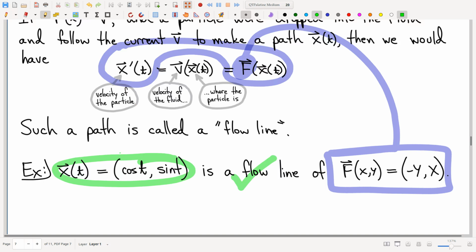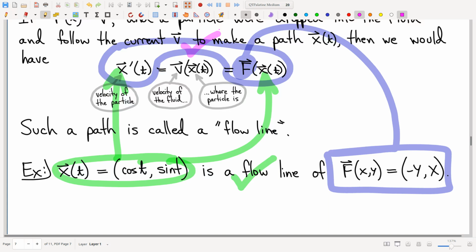You take this formula for x, and you take the derivative, just like the left side of the equation tells you to. Then you also plug that formula for this alleged would-be solution into your vector field, like the right side of the equation suggests, and then you confirm that you get the same thing both ways. So it's very plug and chug to confirm that you have a solution, even if it's substantially harder to actually solve in the first place.